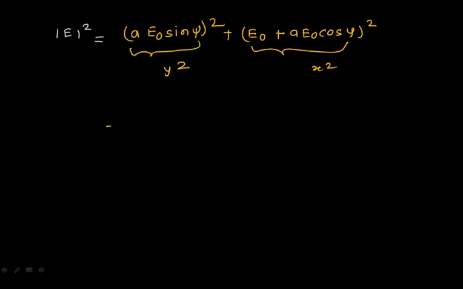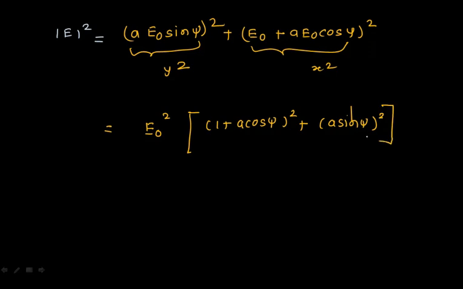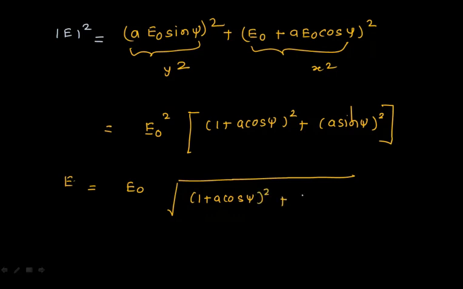Now take E0 common. It will be E0 squared times (1 plus A cos psi) squared plus (A sine psi) squared. Taking the square root of both sides, E is equal to E0 times the square root of (1 plus A cos psi) squared plus (A sine psi) squared.